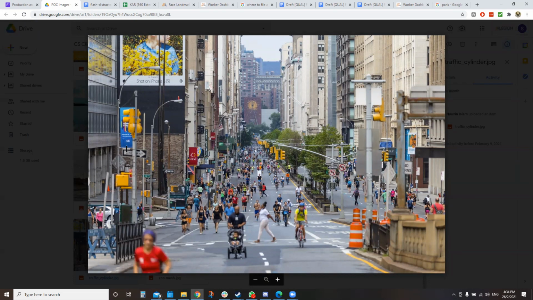Other than that, you are going to be focusing on annotating these poles, this traffic sign, all these things that will make the picture look cleaner. But at the same time, you don't want to be removing a lot of things to make it not look like a street. Remember that.